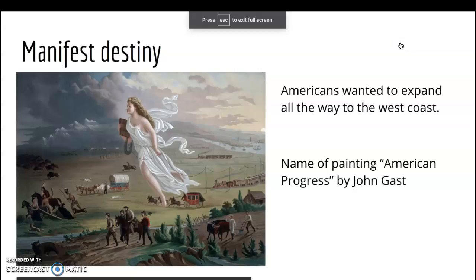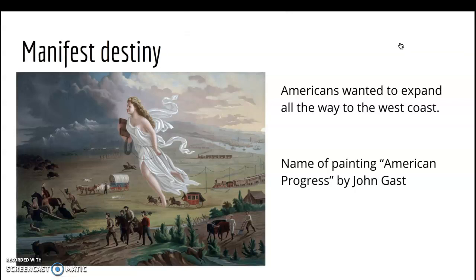Now, the next slide and word that we want to cover is manifest destiny. This is the feeling that all Americans should expand all the way to the West Coast. We analyzed this photograph by John Gast, and the name is American Progress. When we were analyzing it, we were pointing out things like the light, or our civilized part of the country, is bringing electricity, religion, technology, transcontinental railroad, new ways of farming, and civilization.